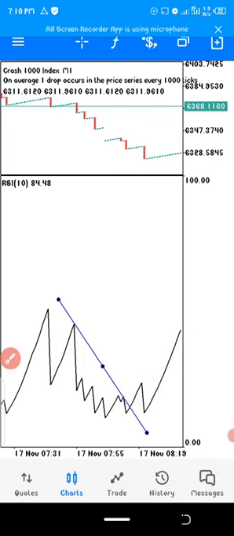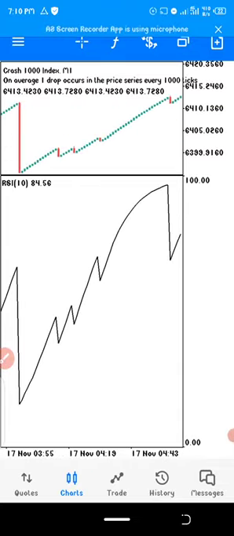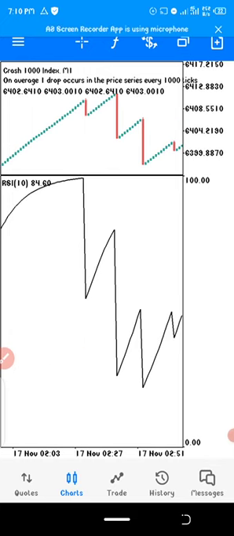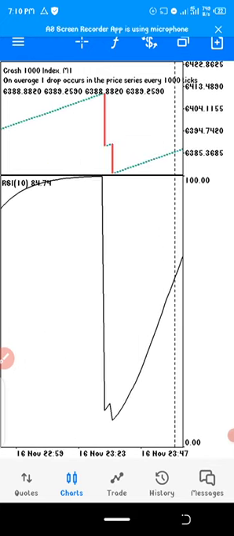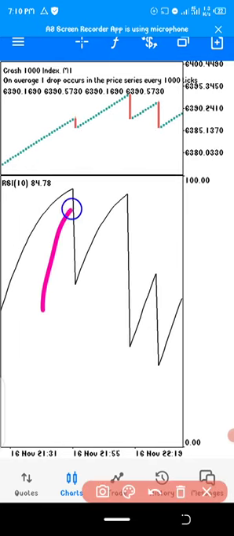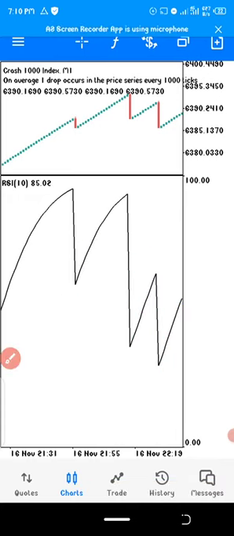So that is it for the two touch system. It is very effective. You should mainly use it only for Crash 1000, because on Crash 1000 the lines are more definite. For Boom 1000, you are going to have unexpected spikes and peaks at every angle.